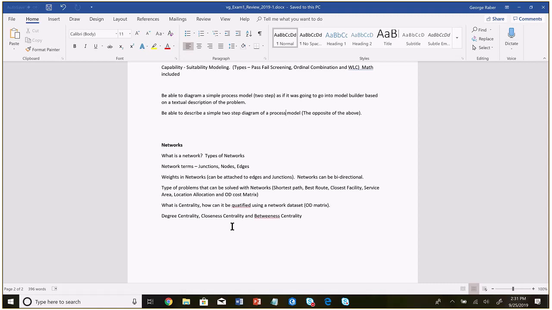And so you can have a network that has a different cost associated with flowing in different directions. So you have to know that. And then that's the only real types of network questions. There's no questions about a utility network at all.